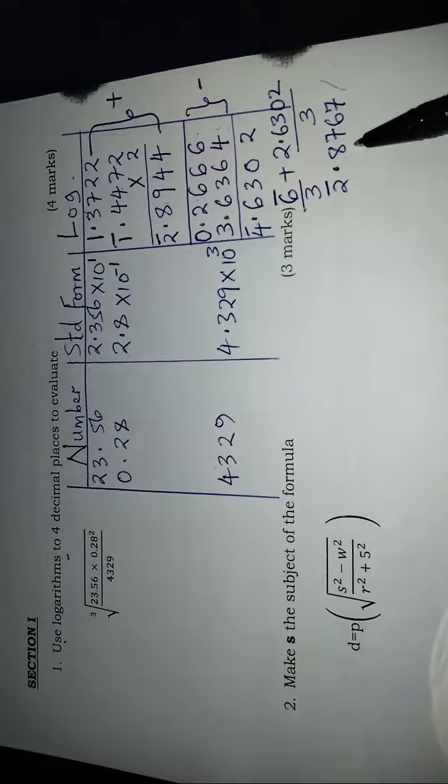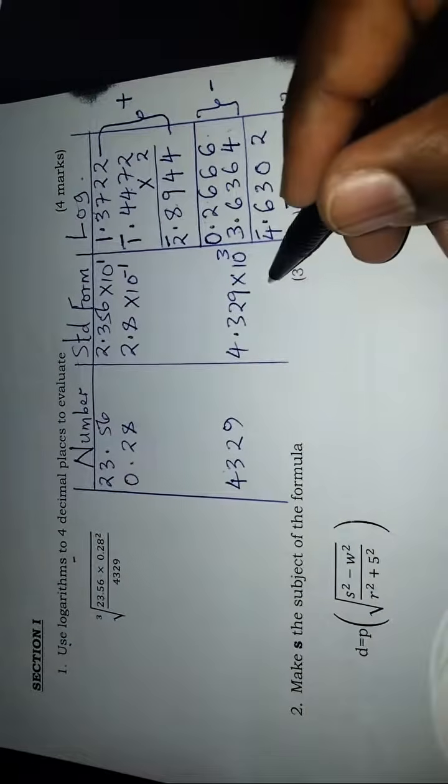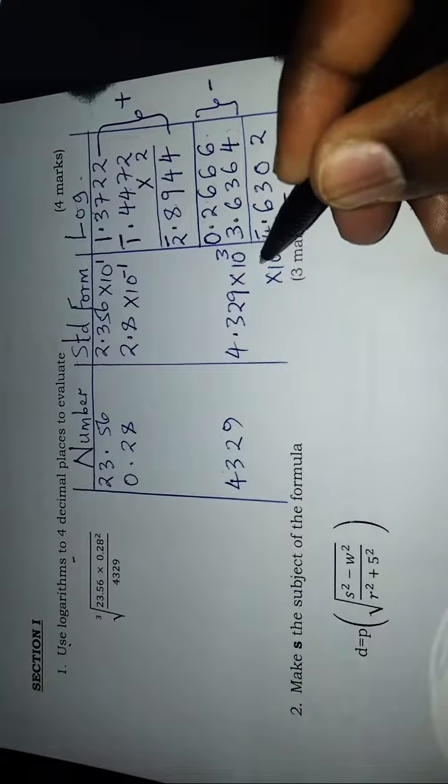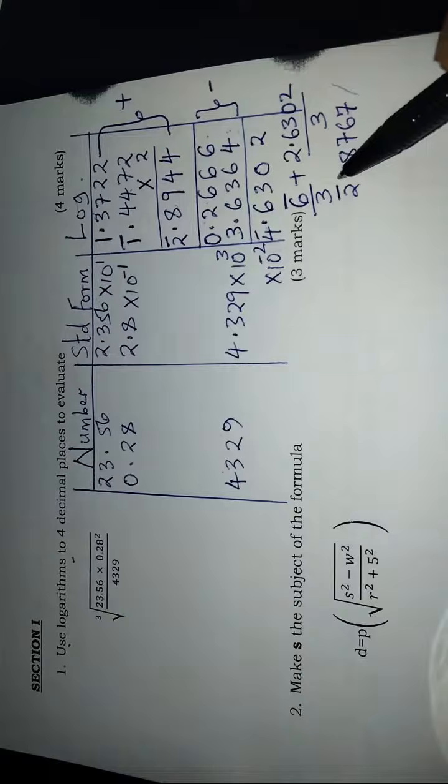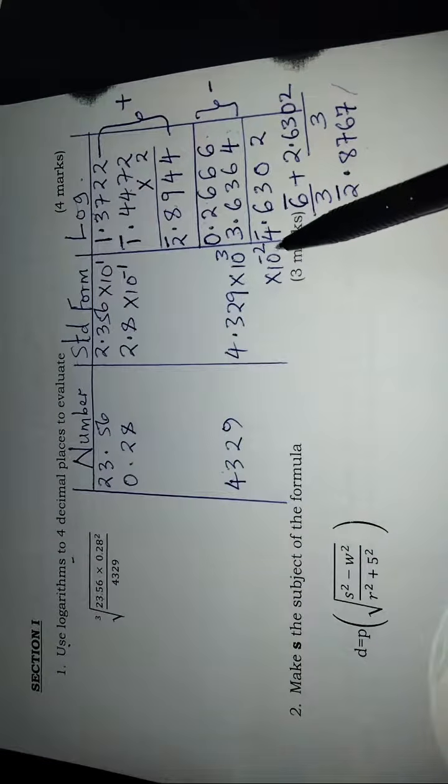The number whose logarithm is this. That means we should go back to this step, whereby from the logarithm we go backwards to get the standard form, and that means we should have 10 times negative 2. Since the logarithm has bar 2, then it means there is a 10 power negative 2.